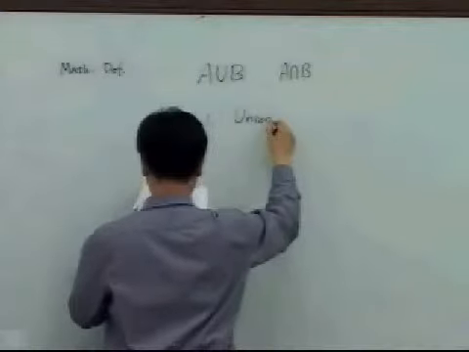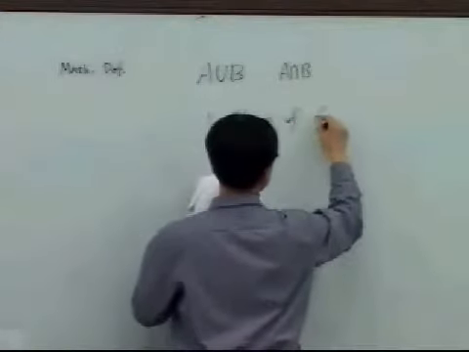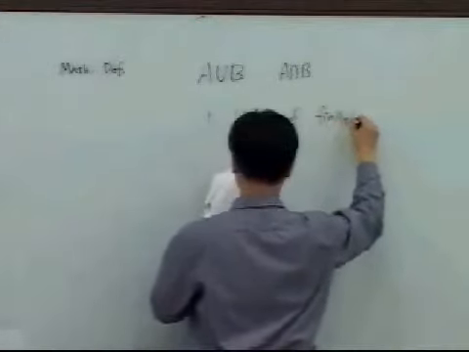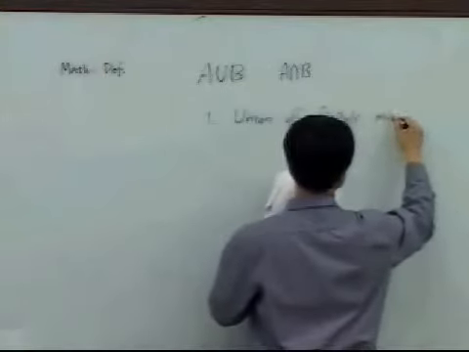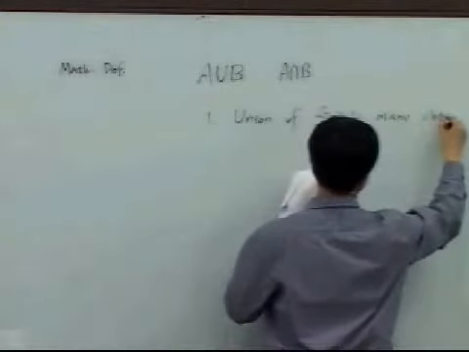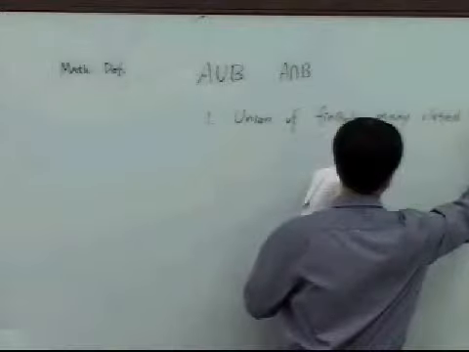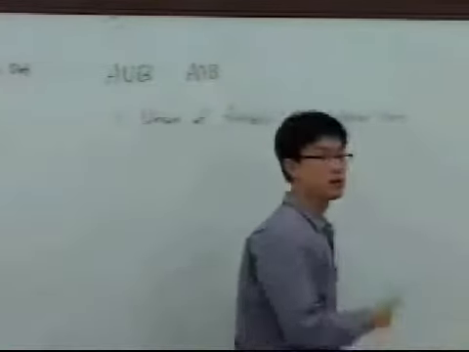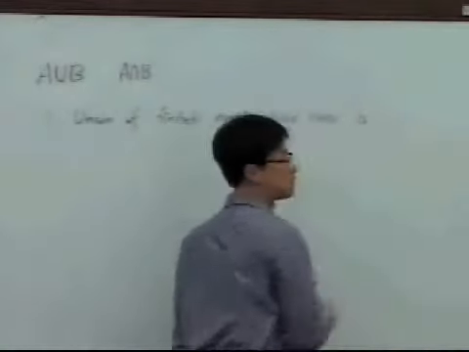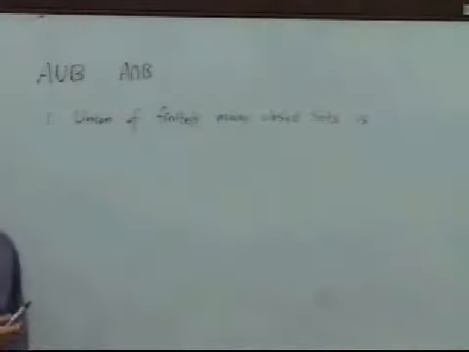Union of finitely many closed set is, so what do you think? Is it closed or open? Union of closed set. Closed, right?